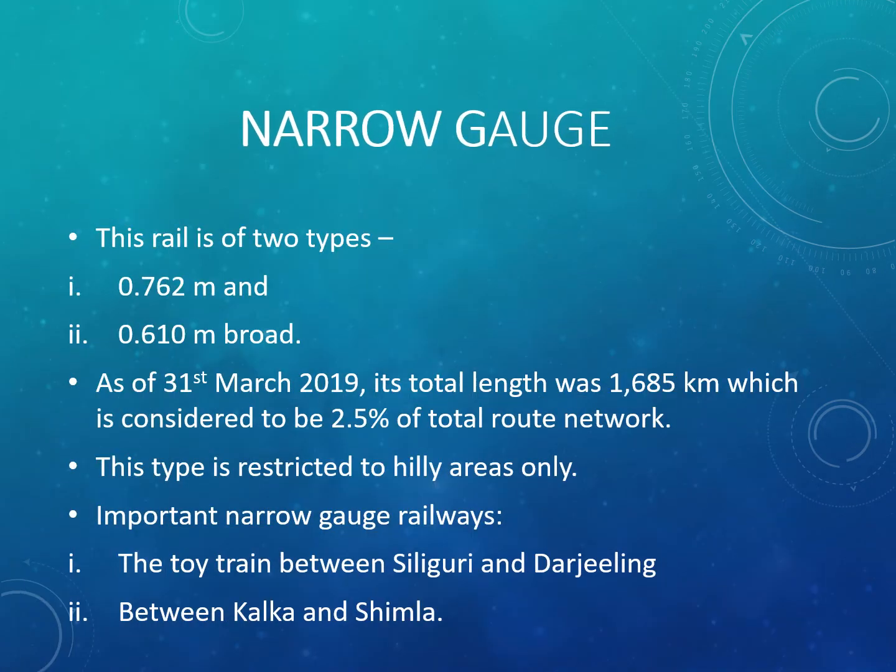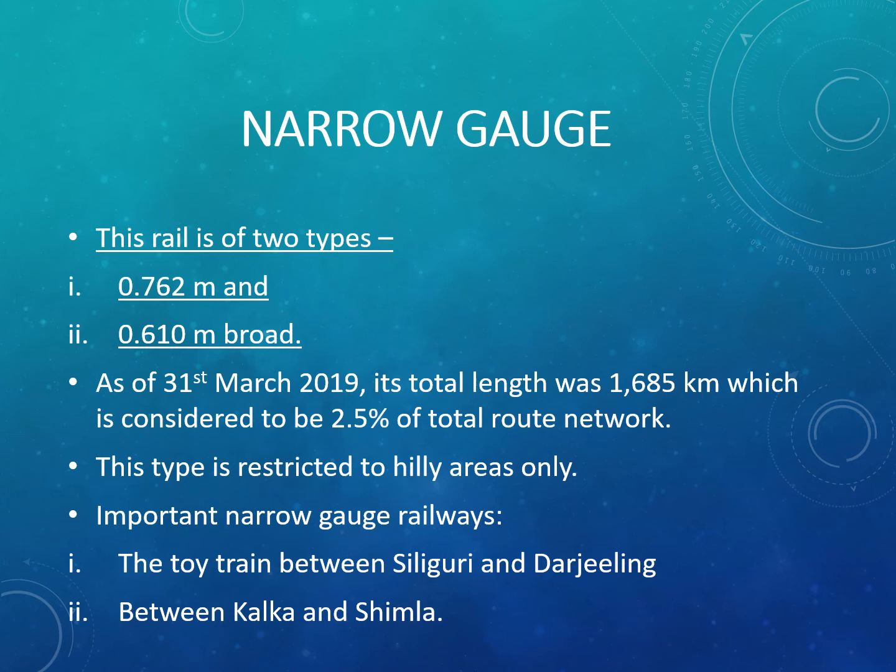Coming to narrow gauge, this rail is of two types. One is 0.762 meter and the other is 0.61 meter broad. As of 31st March 2019, its total length was 1,685 km, which is considered to be 2.5% of total route network.